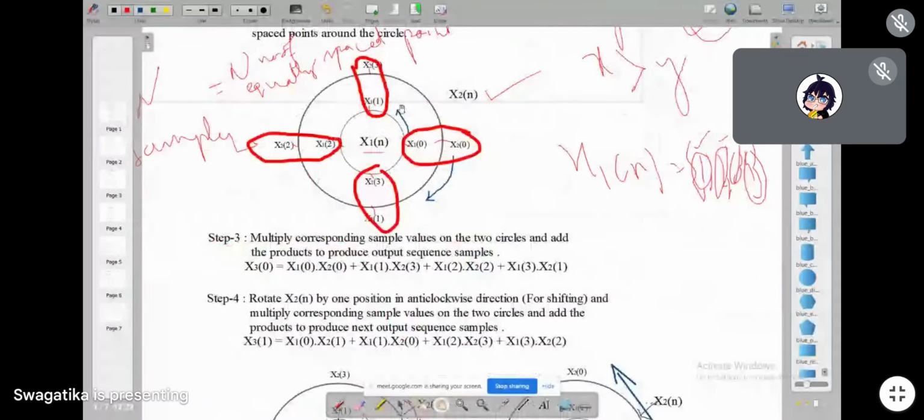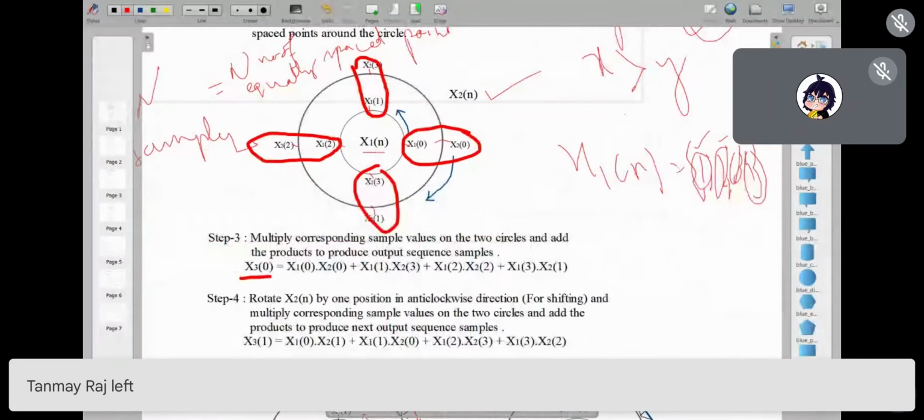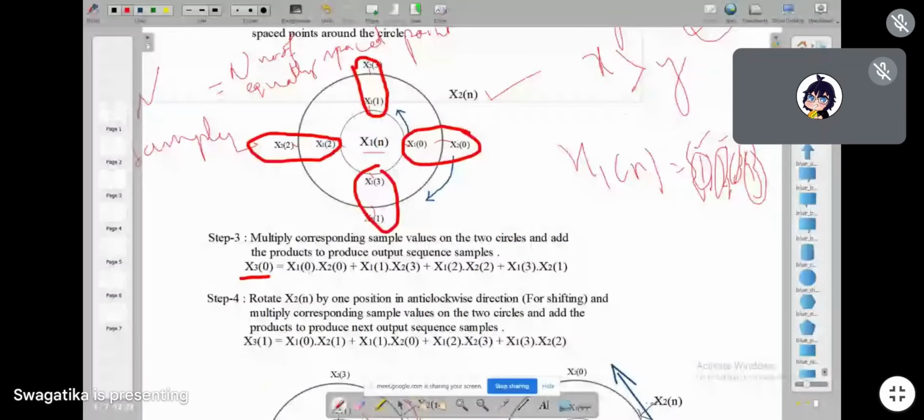As you can see, I have already written here, x3 of 0 is equal to x1 0 multiplied with x2 0, plus x1 1 with x2 3, then again plus x1 2 multiplied with x2 2, then again plus x1 3 multiplied with x2 1. Clear?